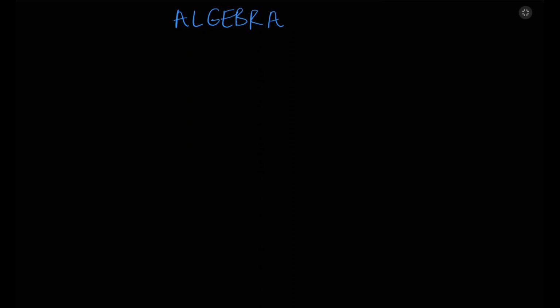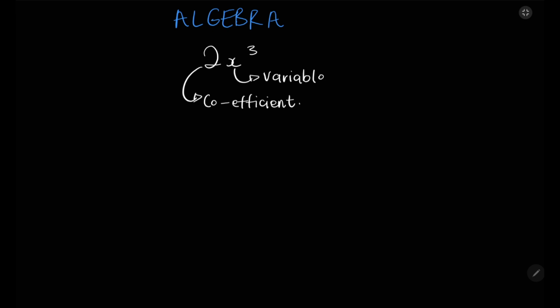Today's lesson is about algebra. So if you have, let's say, 2x to the power 3, this 2 is your coefficient. Okay? And the x is your variable. And the 3 is your exponent.